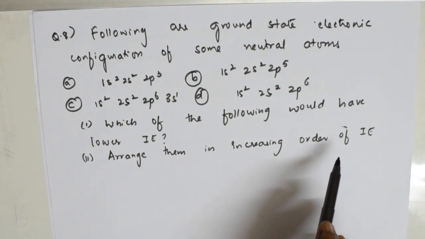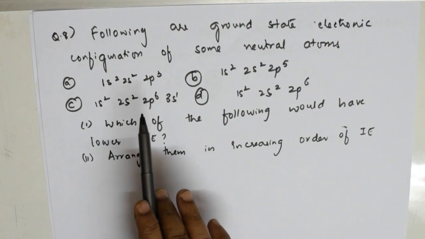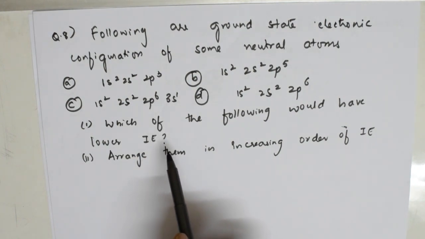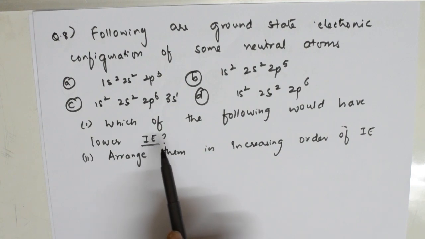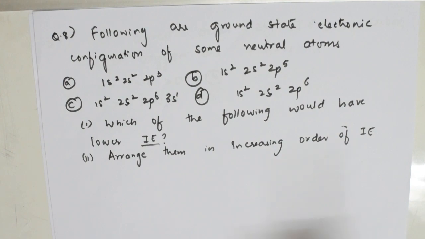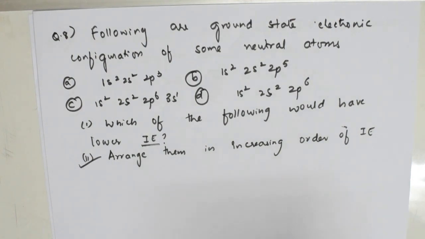Arrange them in increasing order of ionization energy. They have given me the electronic configurations and I need to arrange them based on ionization energy, starting with the one which has the least ionization energy.